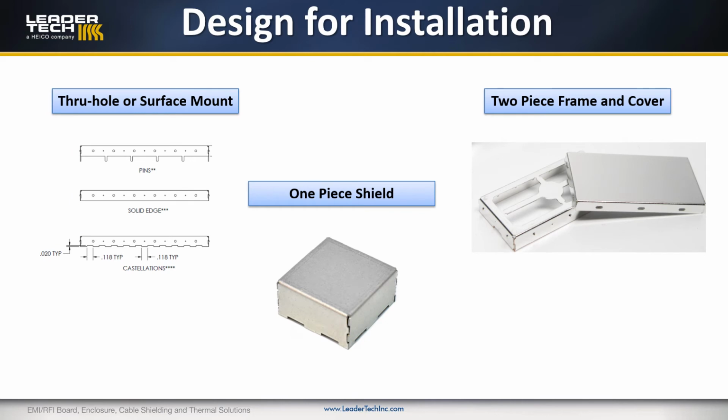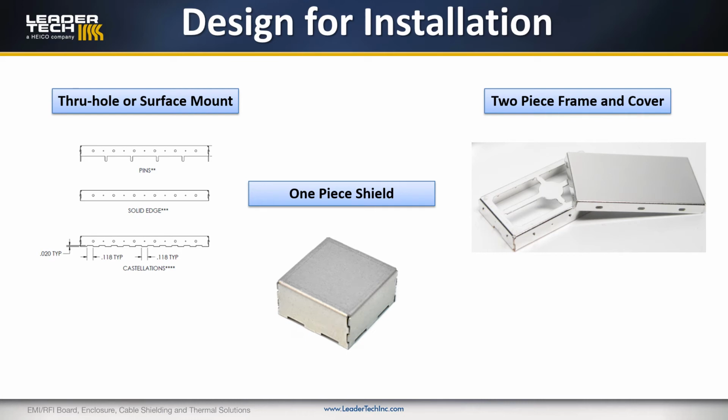So in addition to trying to design a shield for good shielding purposes, you're also trying to make these parts easy to install. So there's a few aspects of the design that you have to look at when you're considering how you're going to install the parts on your circuit board. So the first we look at is what type of edge, whether you're going to have pins, solid straight edge, or castellations.